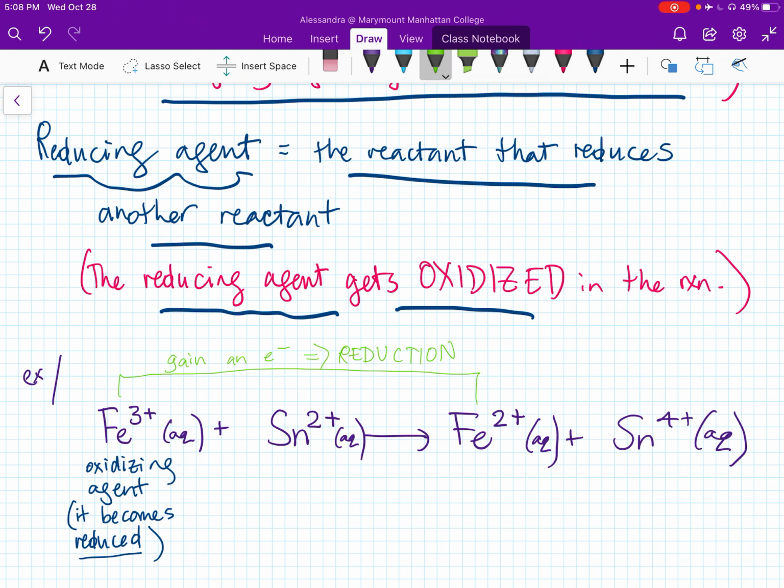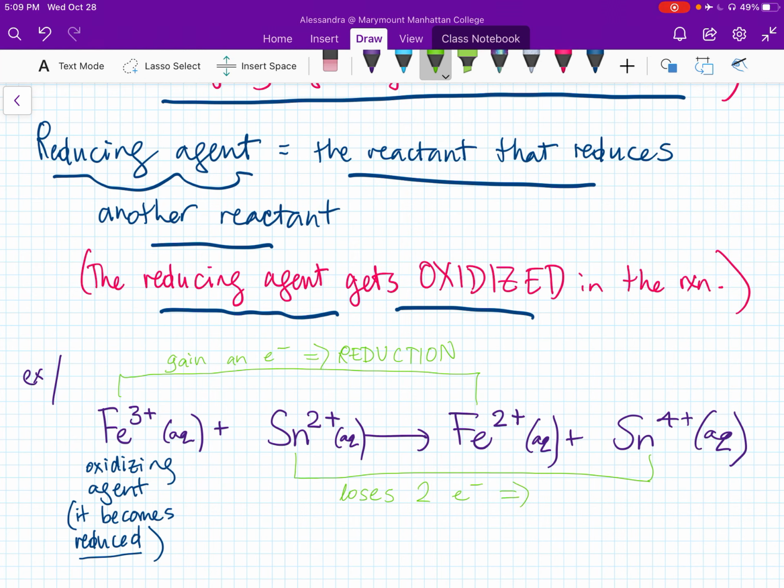Now let's look at tin. Tin is going from the 2+ oxidation state to the 4+ oxidation state. It's becoming more positive. And if it's becoming more positive, that's because it's losing electrons. And each tin has to be losing 2 electrons here to go from the 2+ to the 4+ state.